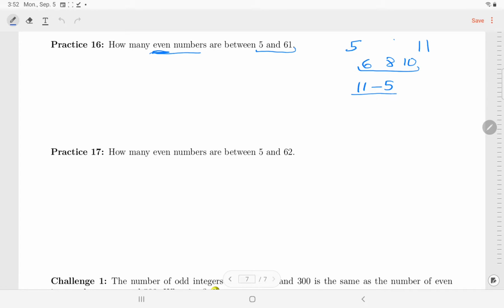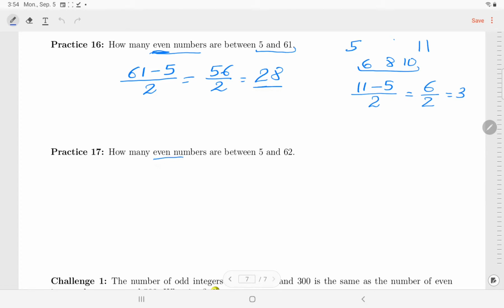So we have to divide it by 2. So 11 minus 5 is 6. Divided by 2 is 3. Now we can follow this to find how many even numbers we have between 5 and 61. So 61 minus 5 divided by 2. So we have 28 even numbers between 5 and 61.